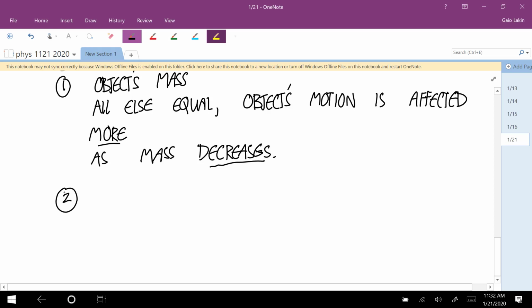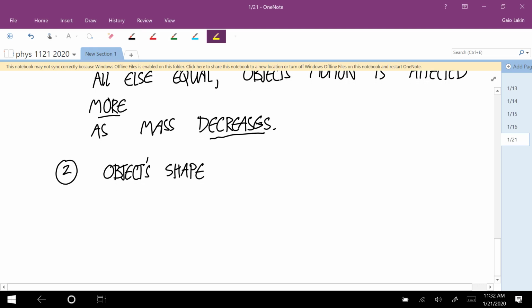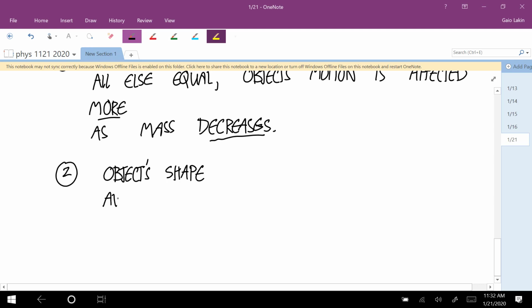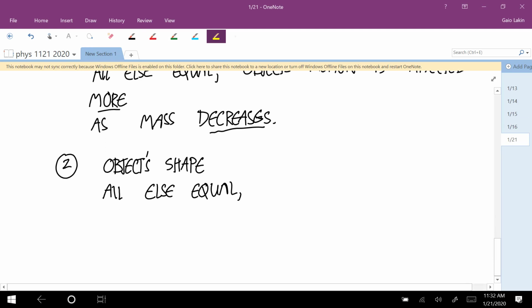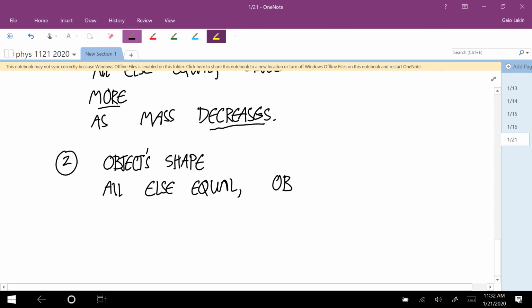The second thing is the object's shape. If everything else is equal, a more aerodynamic shape is going to have less air resistance. So I'm going to keep doing it by what makes the effective air resistance greater.